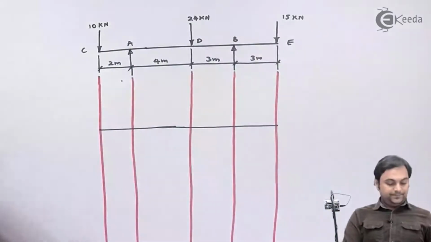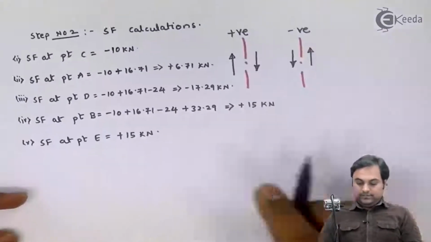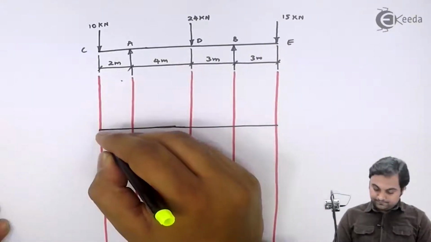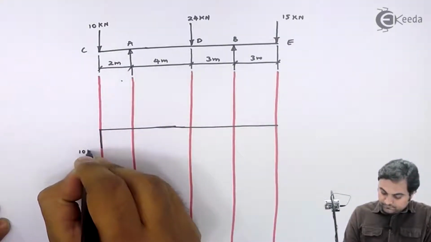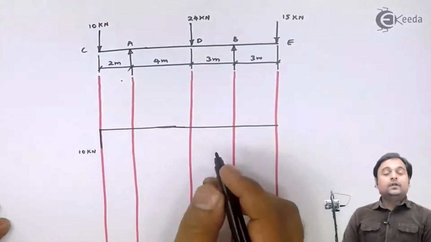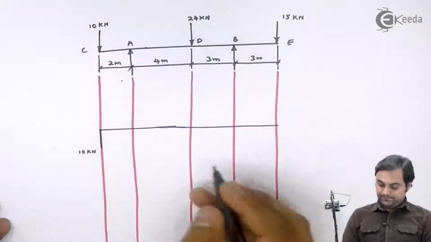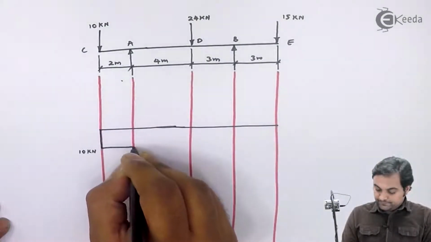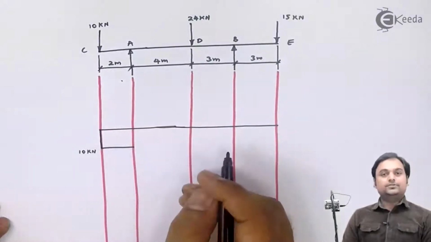SF at point C, that is -10, so downward. -10 kilonewton. Now this 10 kilonewton will remain constant between C to A because there is no load between them. So here 10 kilonewton is constant.